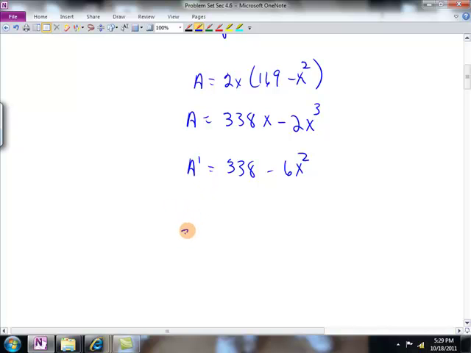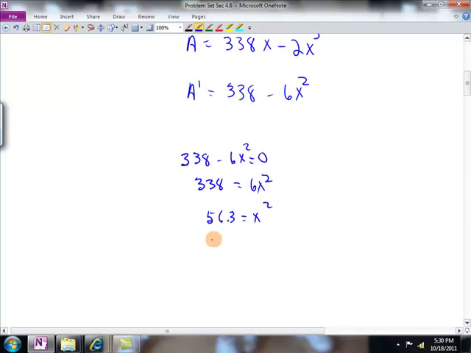So I'm going to set that equal to 0. So 338 equals 6x squared. And you could get 56.3 equals x squared, which is about 7.5 x. And so the width would be 2 of those, be 15.